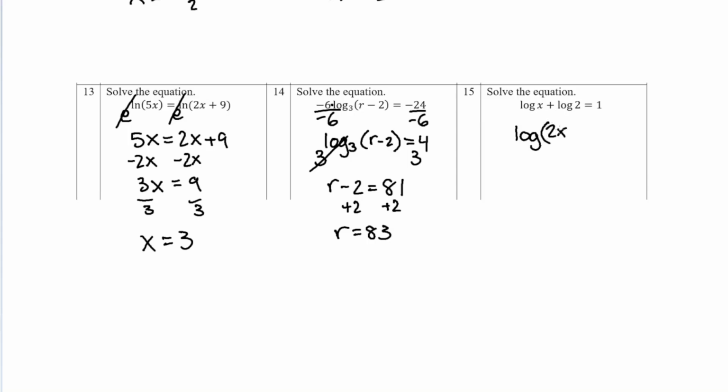So I have log of 2x, and again, this is log base 10, and that equals 1. I don't like this equal sign, and I'm picky. Cool. And to cancel the log base 10, I'm going to use a base of 10. So there it is. That cancels, 10 to the power of 1 is 10, and I end up with, of course, 5 as my answer.